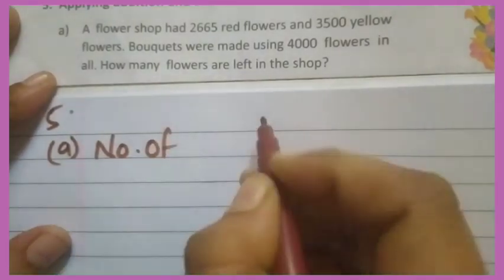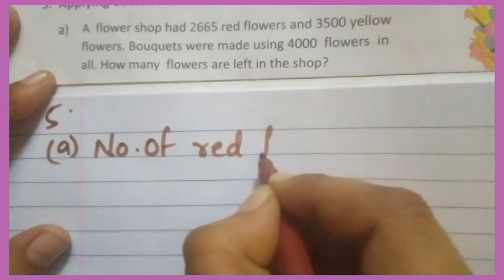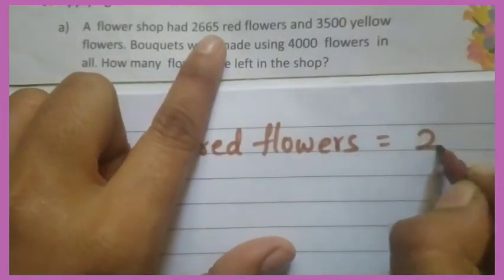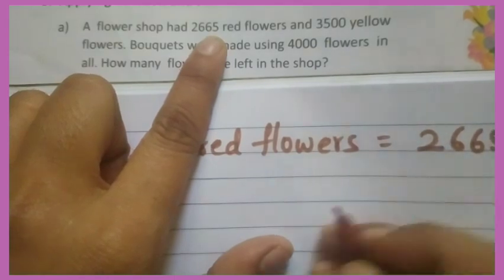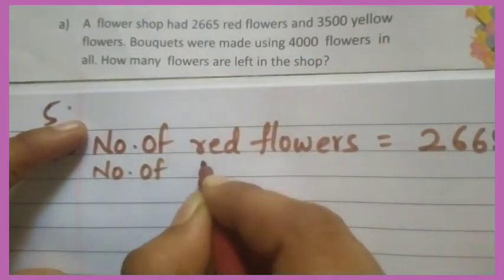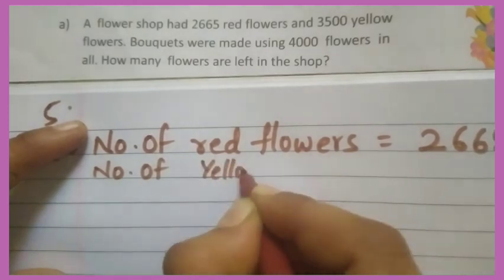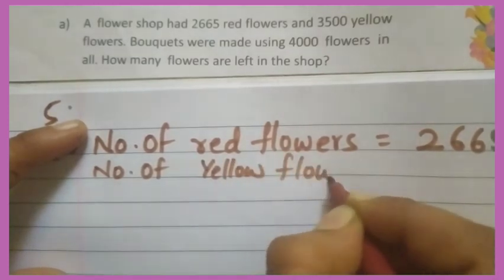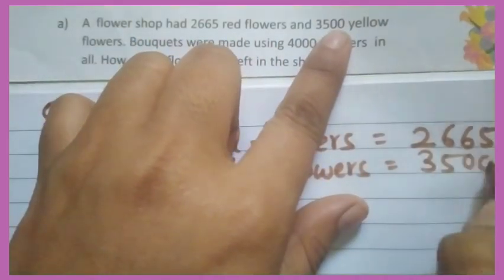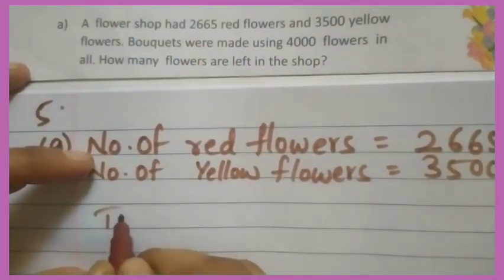Okay, number of red flowers. How many are there? 2665. Next, number of yellow flowers is equal to 3500. Now total number of flowers.